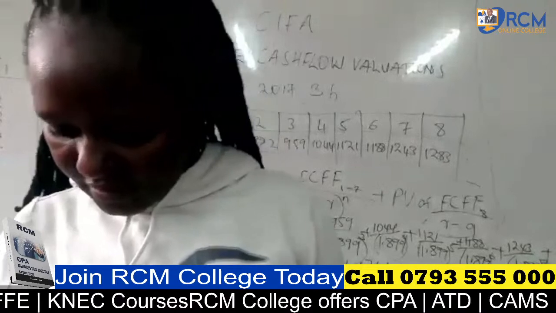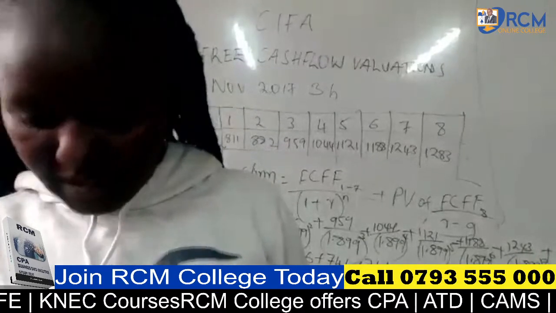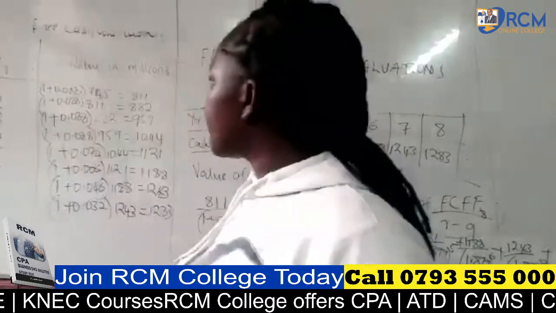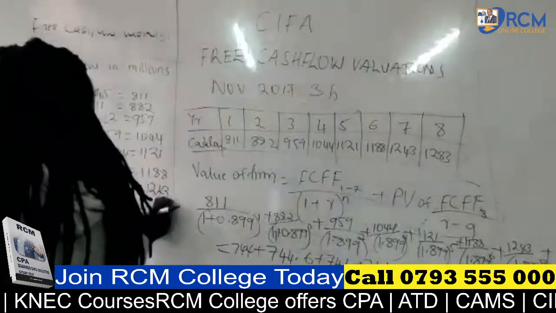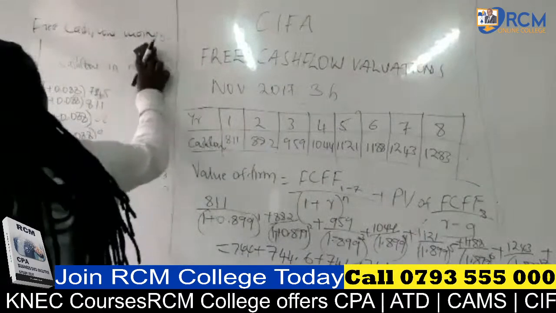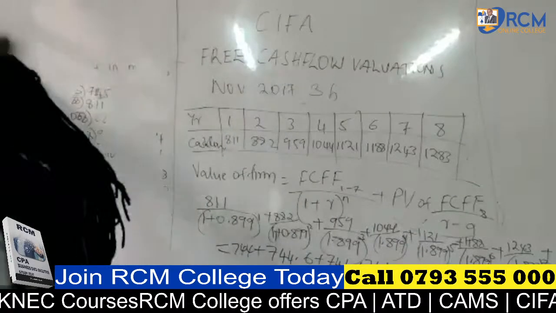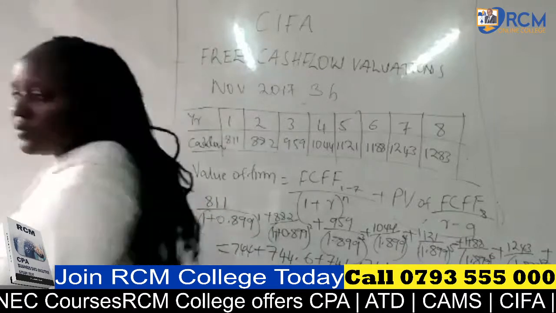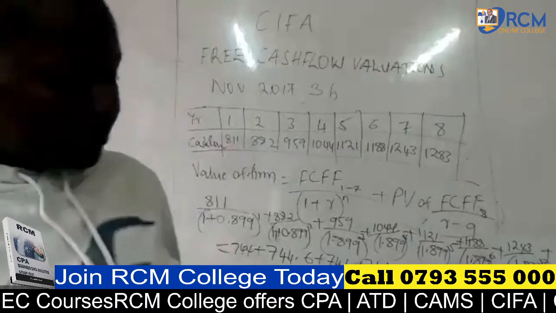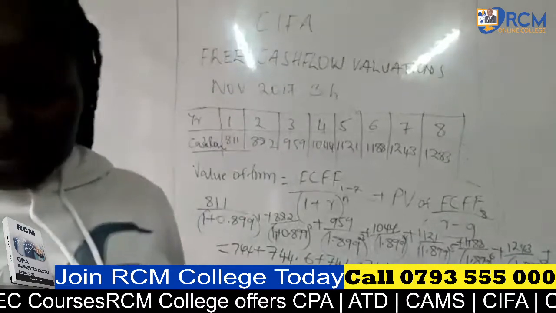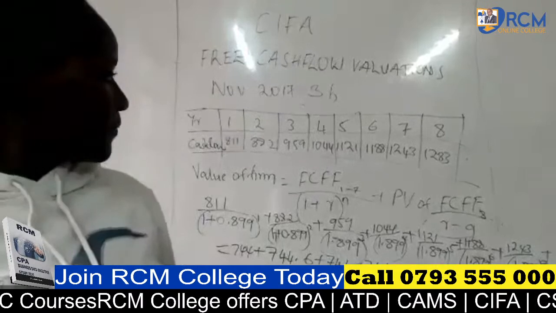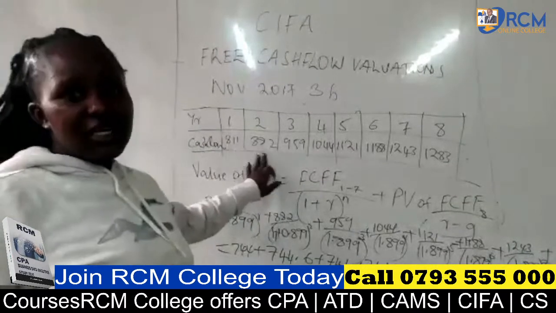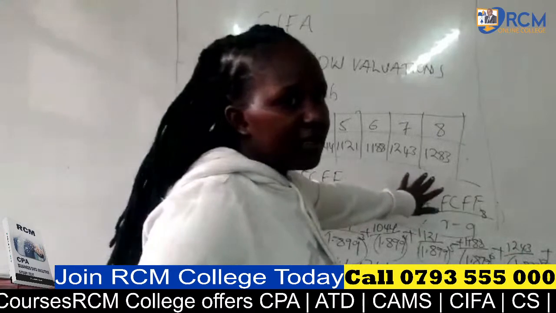So we move to the next step where we are going to get the terminal value at the end of year 8. You see, for the growth rate, we used it only to get the cash flow per year.